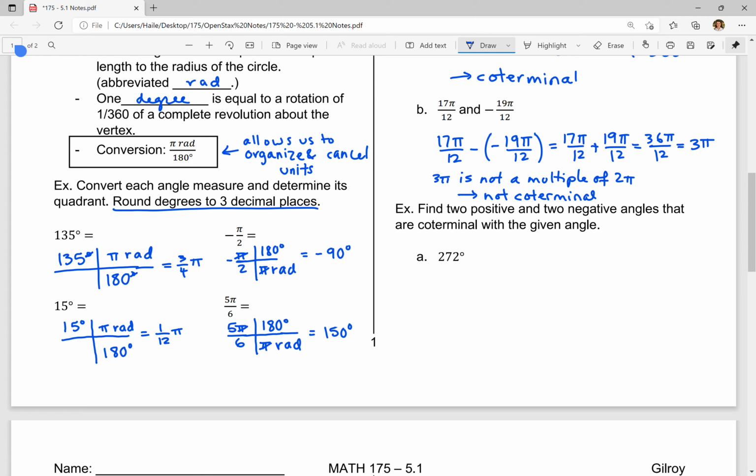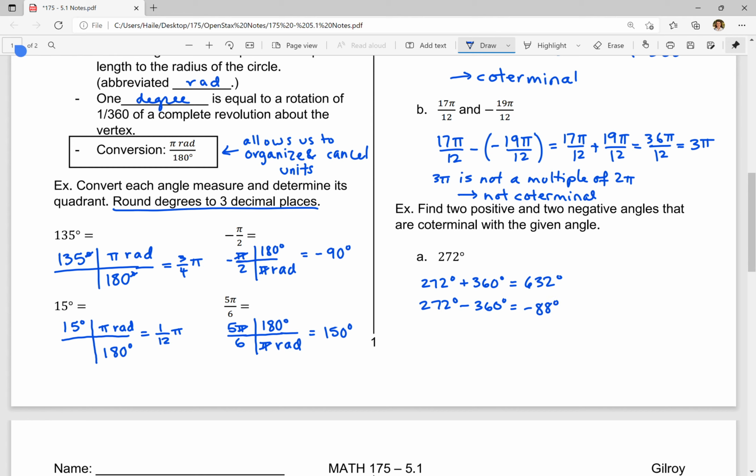So the smallest we can go is starting at 272 and adding 360, and then starting at 272 and subtracting 360. If I do this, I get 632 for the first angle, and negative 88 degrees for the second angle.